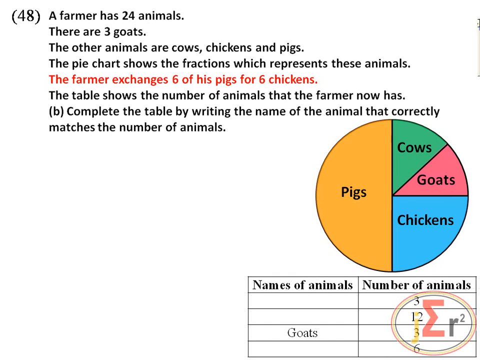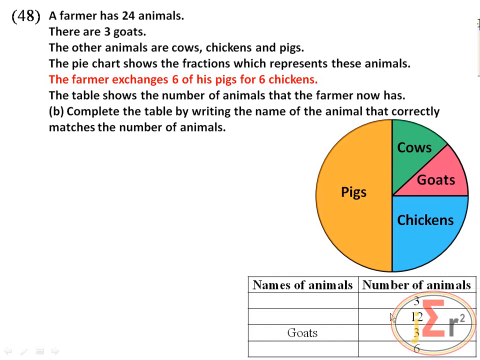So, we have 312, 36. But the numbers that we have here are not the original numbers. These are the numbers after the farmer exchanges 6 of his pigs for 6 chickens. So, these are the numbers that we have after the exchange.